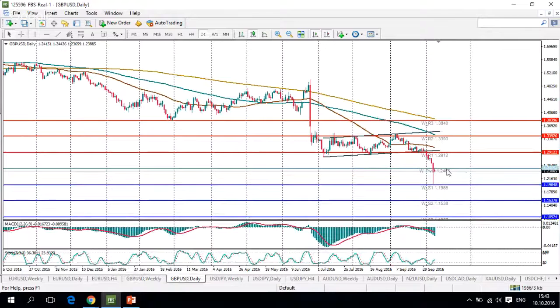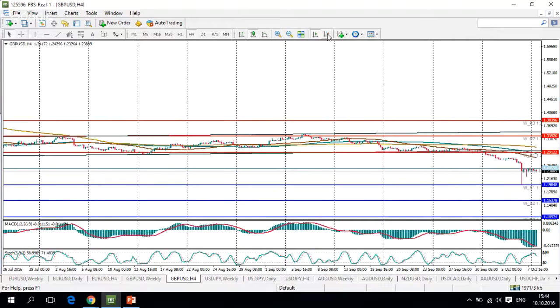In the daily chart, we can see that the pound is below the weekly pivot mark, which is located at 1.2465, and below this level we are vulnerable to decline to 1.20, I'm sorry, and a bit lower. Let's have a look at the 4-hour chart.